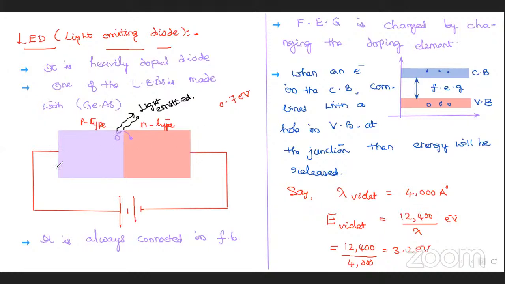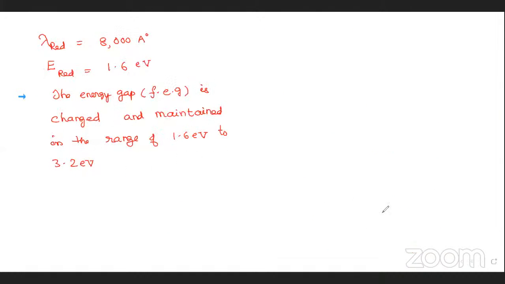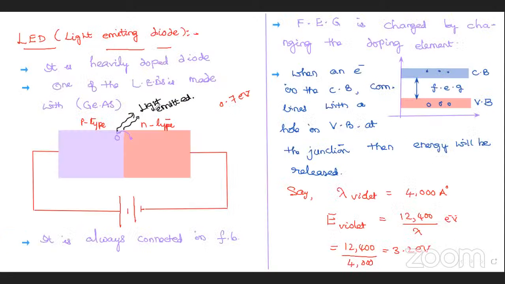Now you understood this concept, Nana? How much we need to maintain to see the color coming out of the diode? Yes, sir. So now you can understand how hard it is to prepare a white light emitting diode. In the same diode, simultaneously, they have to release energies in the range of 1.6 to 3.2.